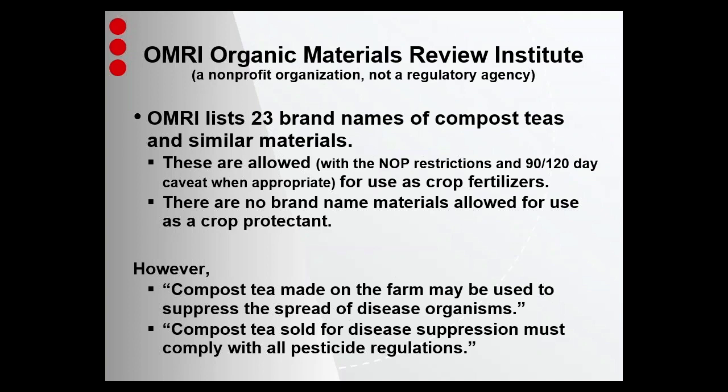But all of those are registered for use as crop fertilizers. There are none that are registered for use as crop protectants. However, they do say that compost teas made on the farm could be used to suppress the spread of disease organisms. But any compost tea sold for disease suppression has to comply with all pesticide regulations, and as I said, they would have to go through the registration process with the EPA.